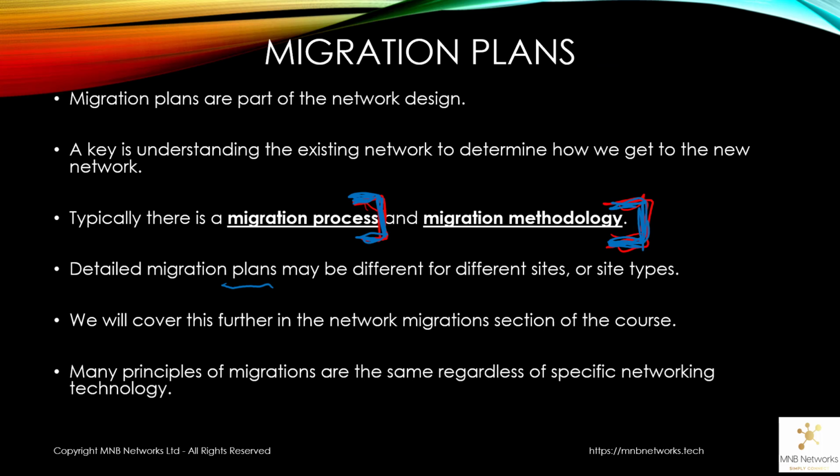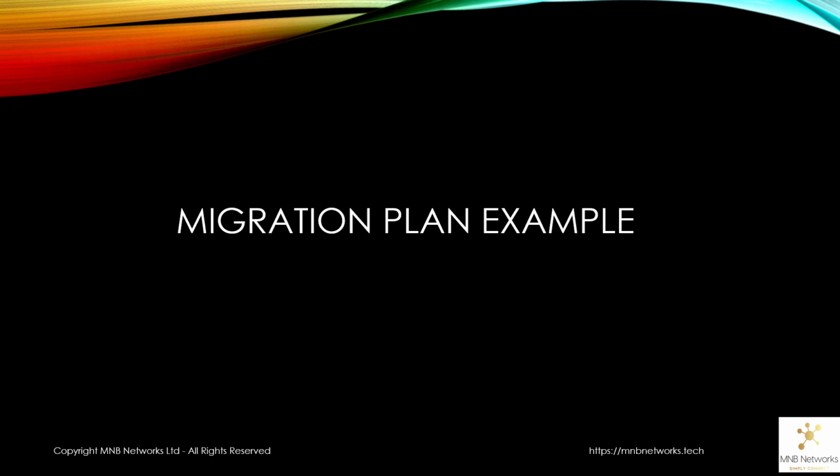Pre-provisioning is getting as much set up as you can ahead of the cut over, which is moving that LAN cable from the old to the new. And then decommission is removing the old network or configuration or whatever was in place before you actually did that cut over. We gave a migration example, a high level one.